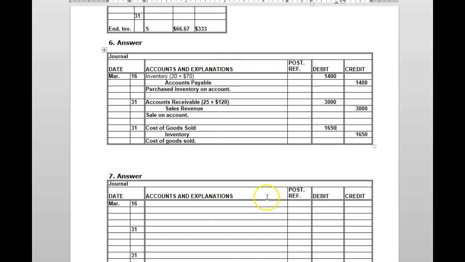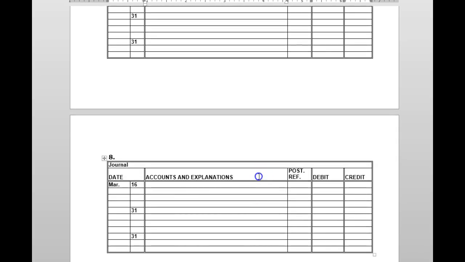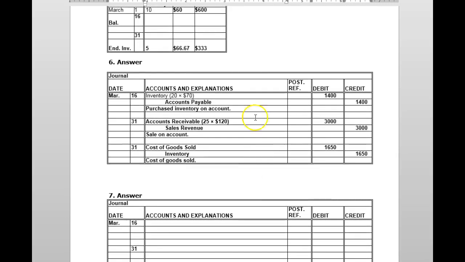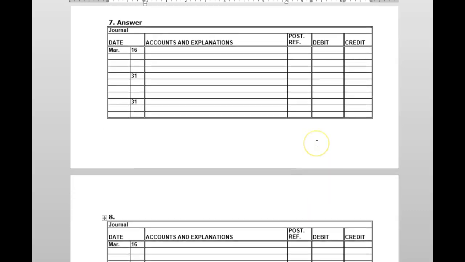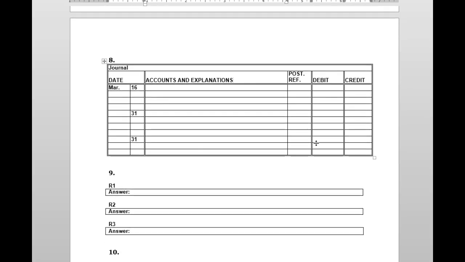This one is going to be using LIFO. And this one is using weighted average. So you're going to do the very same thing that you've done here, only you're going to have different numbers here. So then you can look at and see the difference and how each affects the accounts.